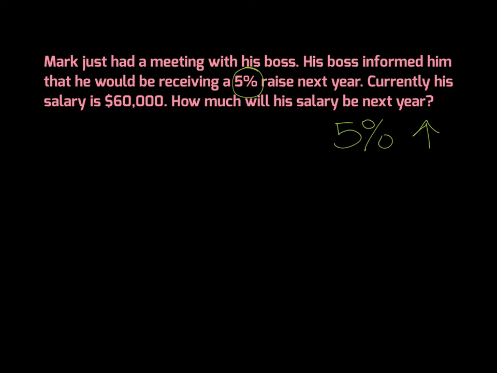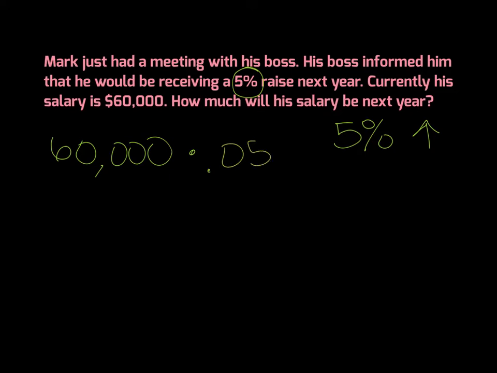So what we need to figure out is that 5%. For this one, I am going to use the first method I showed you, which is taking the original times the percent, and I'll go through it that way. So I'm going to take the $60,000 multiplied times 5%. 5% as a decimal is 0.05.